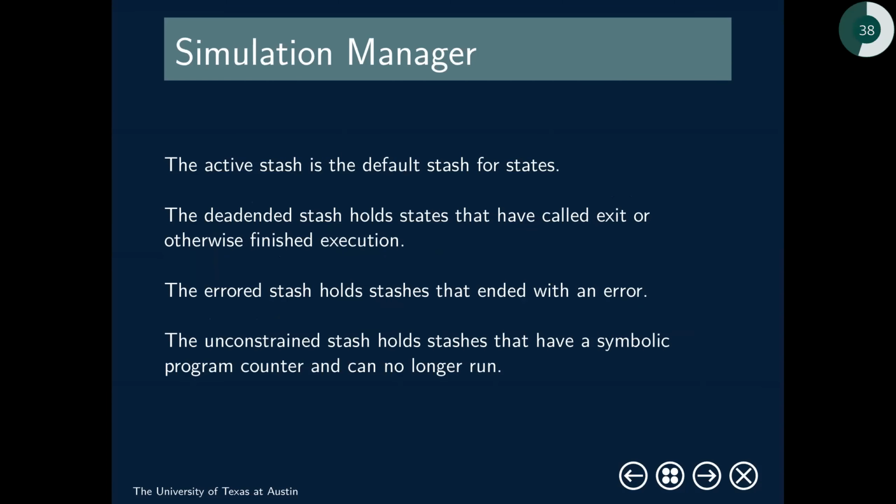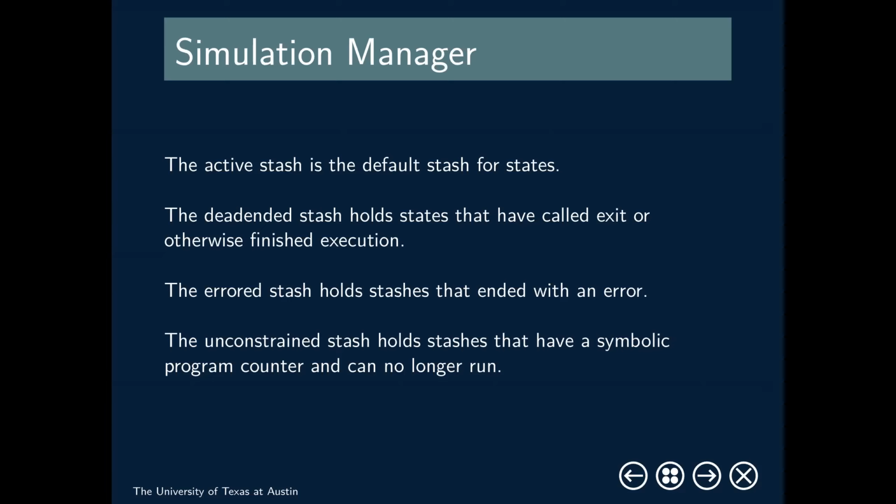So what are these stashes? The active stash is the default stash for all states. So this is states that are currently valid and that you want to do more analysis on. The dead-ended stash holds states that called exit or finished execution some other way. So these are states that we probably don't care about anymore.